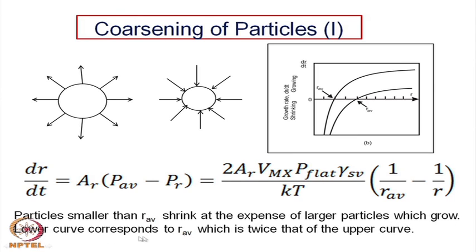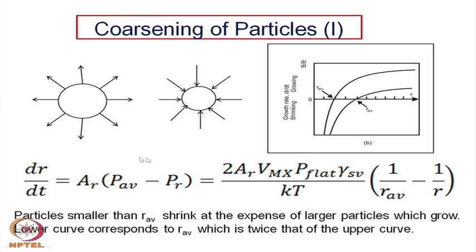Lower curve corresponds to, okay, there is a plot here, dr/dt as a function of r. What is the rate of change of the r with temperature? So, the rate is positive here, the rate is negative there.